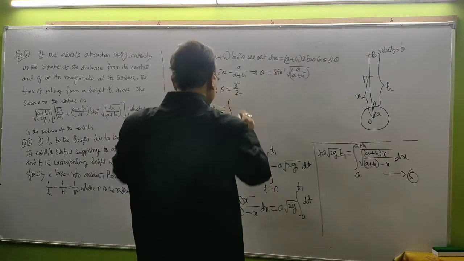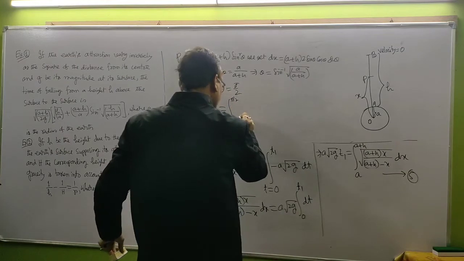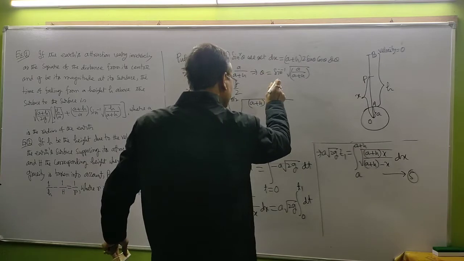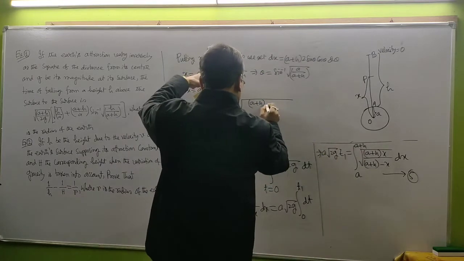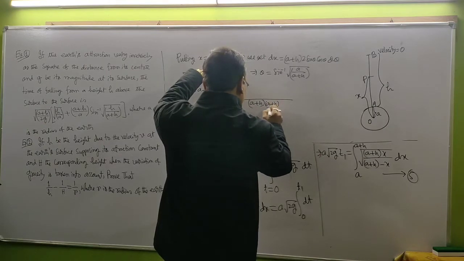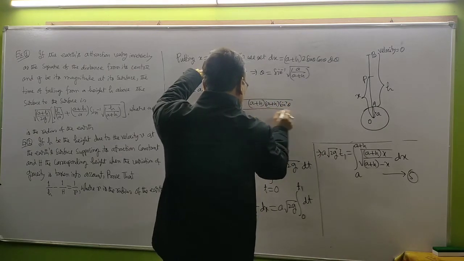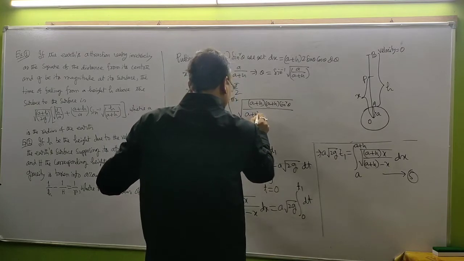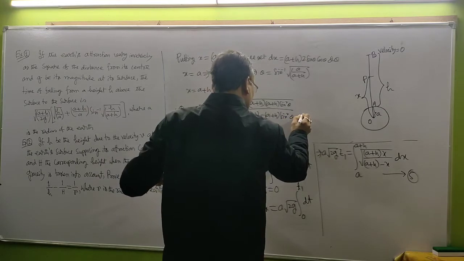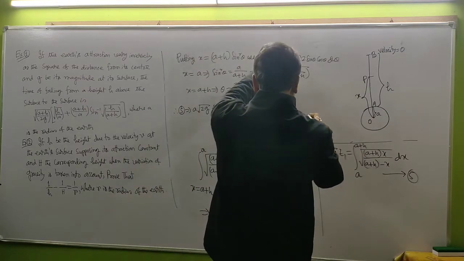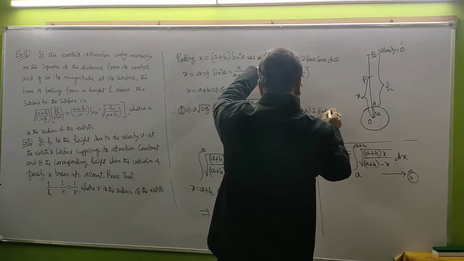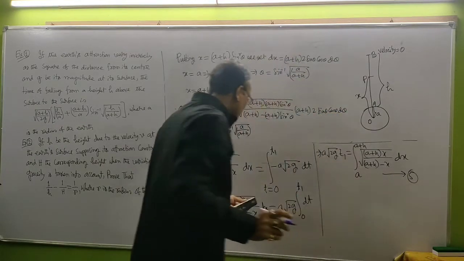When it is a plus h, it is pi by 2, under root a plus h. For x, you will have to write a plus h sin square theta. For here, a plus h minus a plus h sin square theta. For dx, you will have to write a plus h into 2 sin theta cos theta d theta.